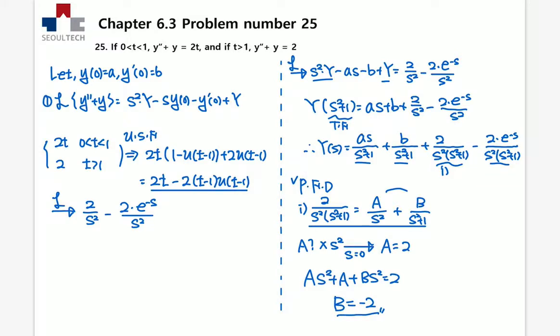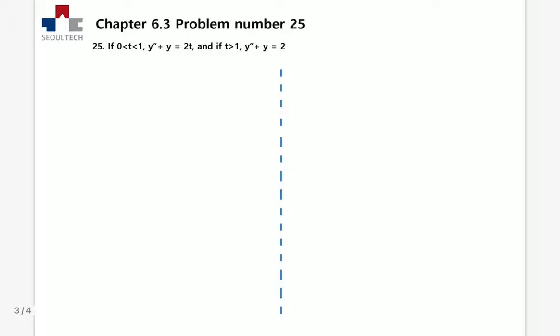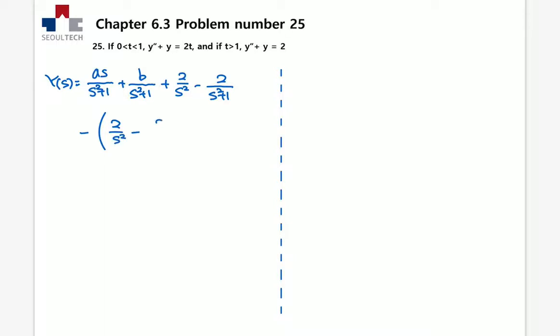Now we have found Y of s, which we can express as a times s over s squared plus 1, plus b over s squared plus 1, plus 2 over s squared minus 2 over s squared plus 1, minus (2 over s squared minus 2 over s squared plus 1) times e to the minus s.